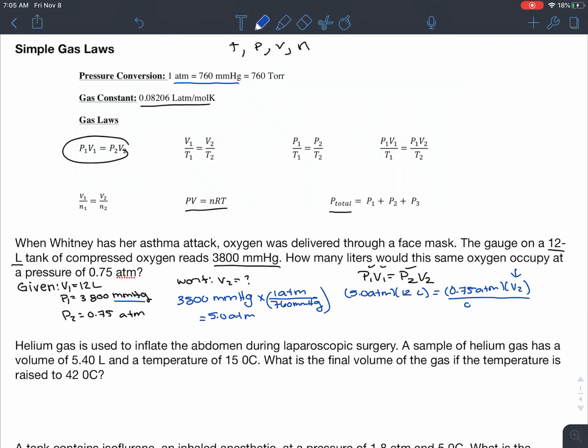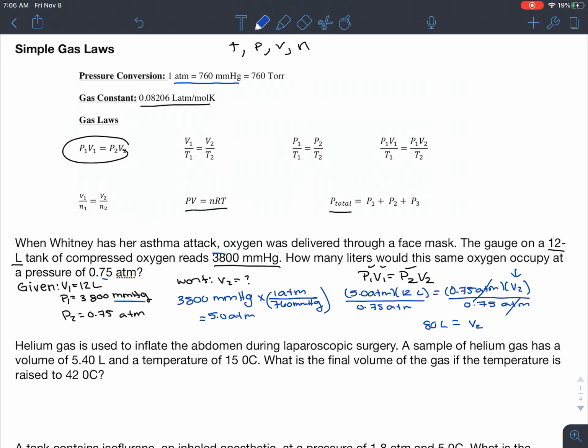Now, because you want to solve for V2, you have to get your 0.75 on the other side. So you divide both sides by 0.75 atmospheres, which will cancel this out, and you'll be left with that. V2 is equal to 5 atmospheres times 12 divided by 0.75, which gives you 80 liters.